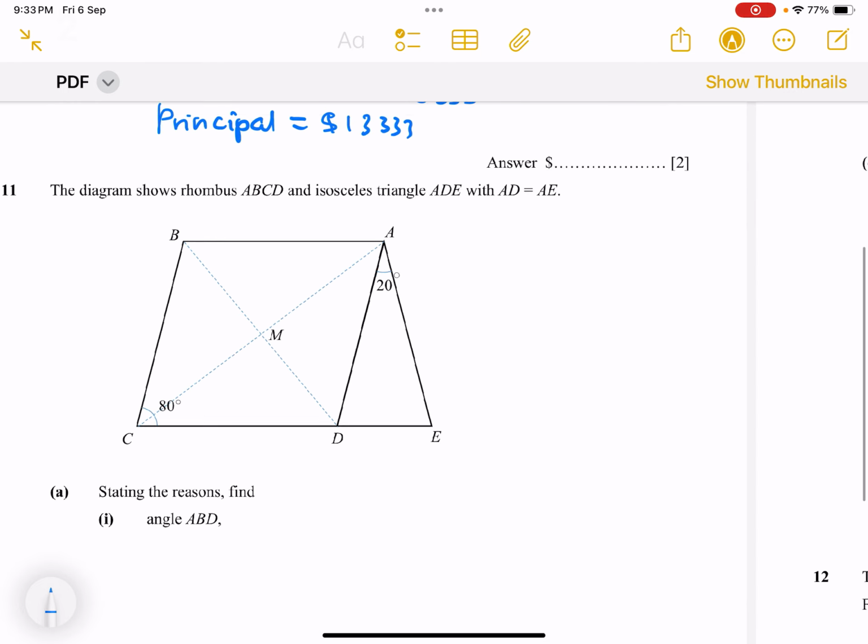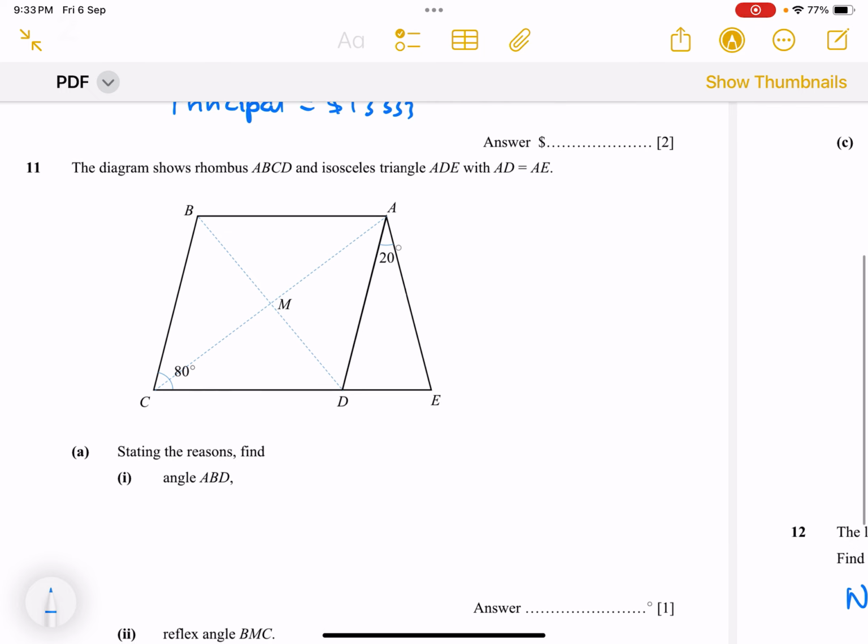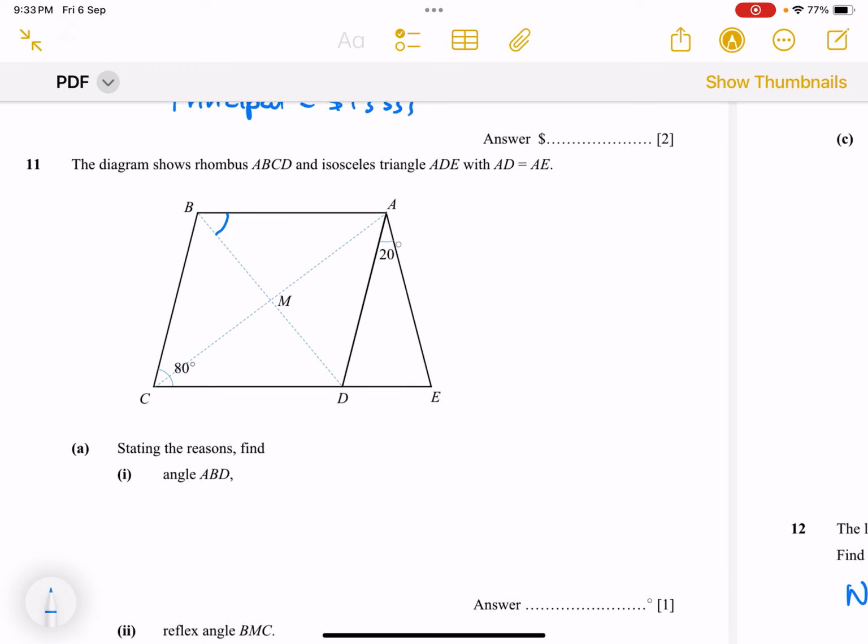Now we have a sum on geometry, and the first angle that we need to find is angle ABD. ABD is this angle here. Right, first we know that these two angles, we are given a rhombus, that means it's an isosceles triangle.